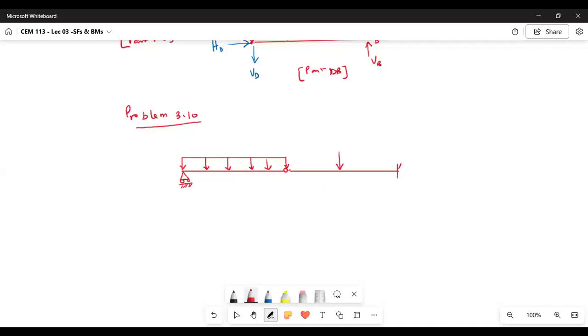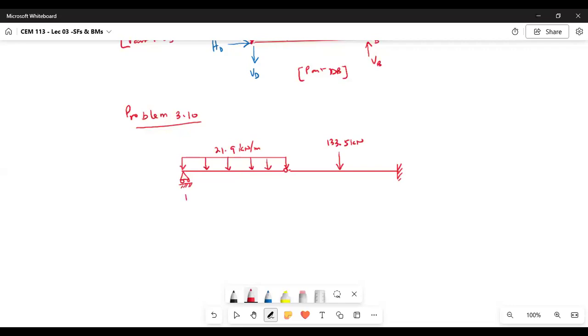This side is fixed. Okay, this is 21.9. This is 13 kilonewton.